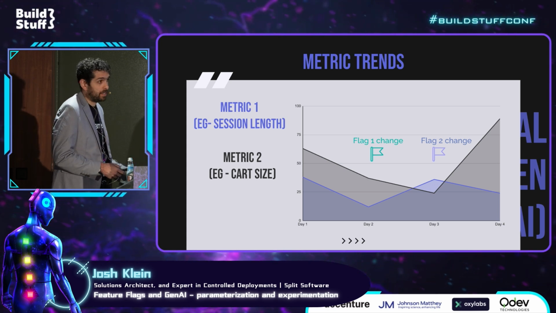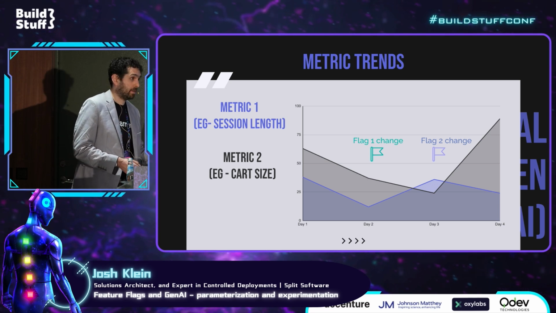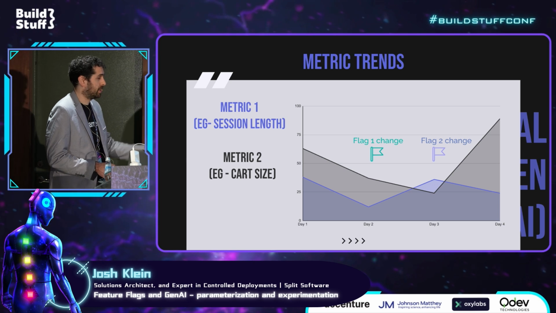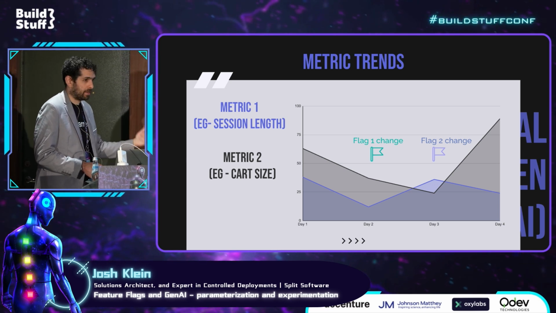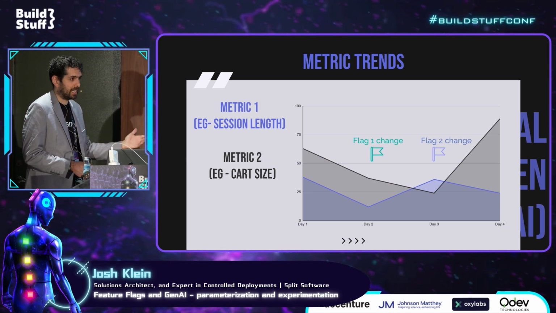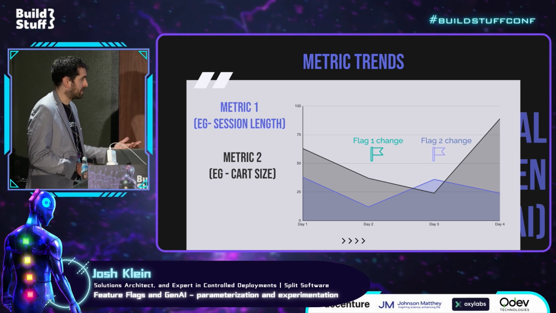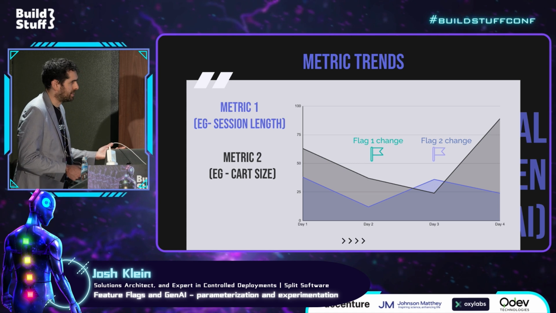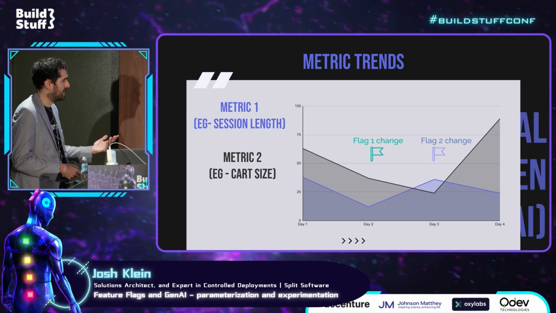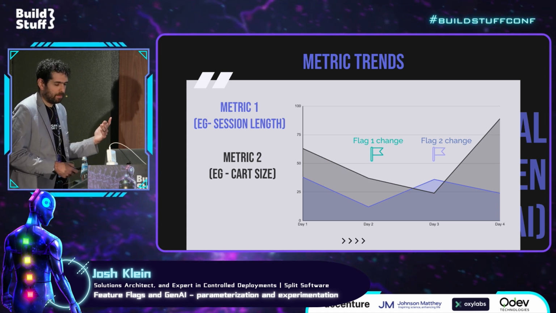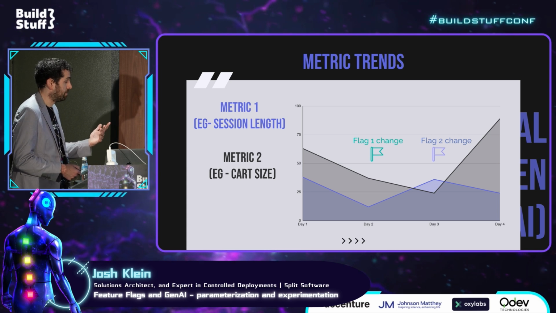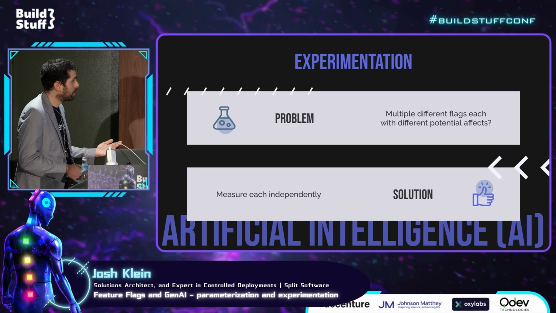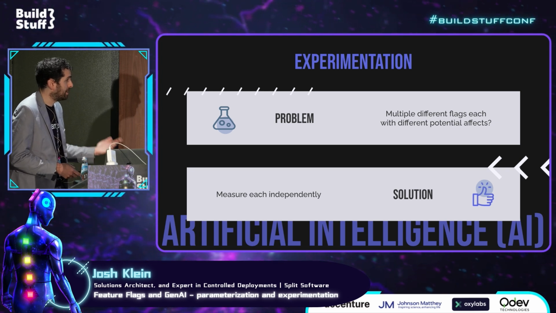If you're using a feature flag system, you have a bunch of 50-50 experiments going on, and then there's a change to one of them, or a new one's released in rapid succession. You've got two or three feature flags going out and starting experiments, and something goes wrong. You can't really be sure which one it is or how it actually behaves, because not everyone's seeing the same features, not everyone's getting the same code executing for them. So, with multiple different flags each with potential effects, how do you measure them independently?